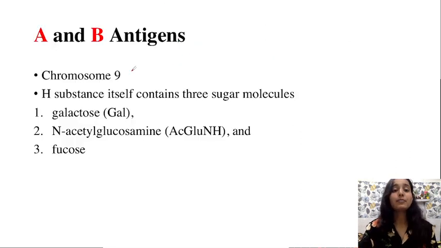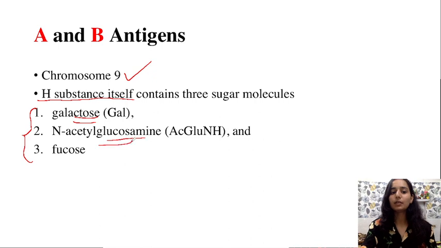These antigens are controlled on chromosome 9, and there is a precursor molecule which forms the H substance, which has three moieties: galactose, N-acetylglucosamine and fucose.